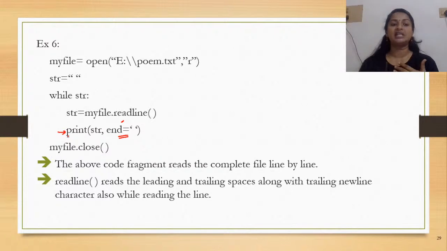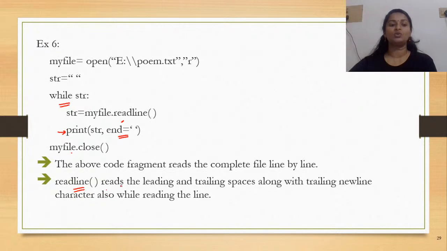This is how the while loop evaluates to false, and when the end of file is reached, naturally there is no more action to be performed, so I am going to close the file. So using the read line function itself, I can read the entire contents of the file, provided I am taking the help of an iteration. Here I have used the while loop.